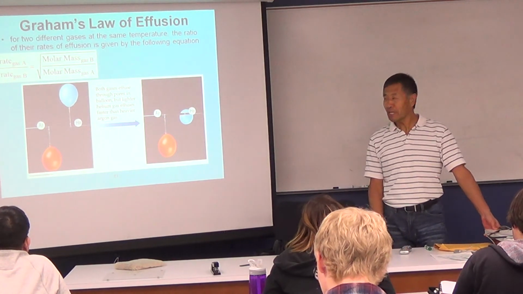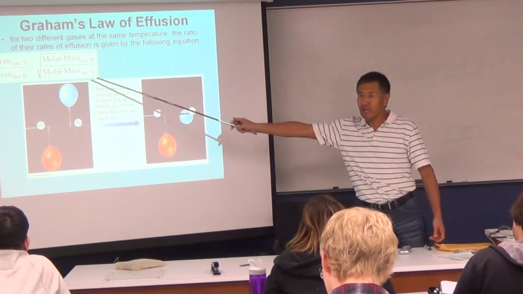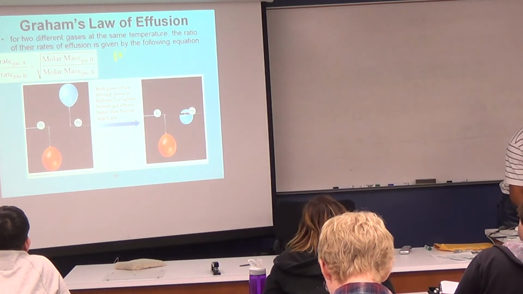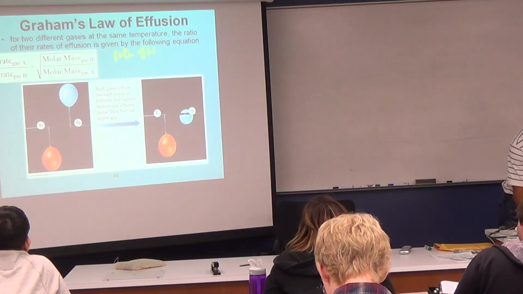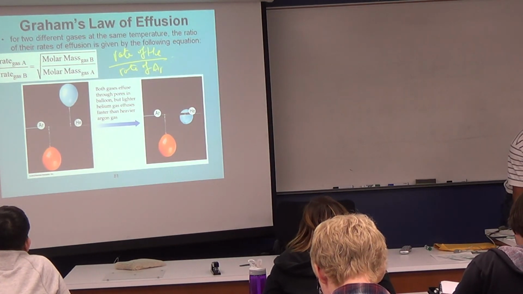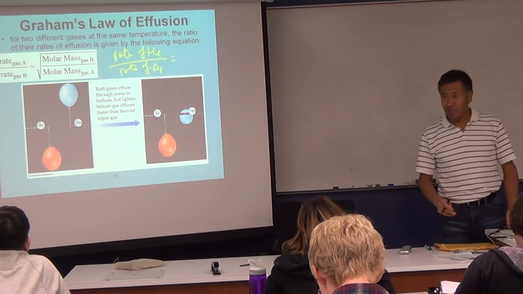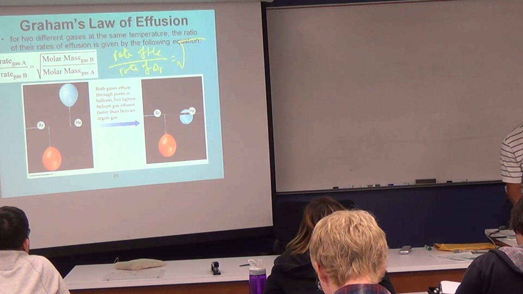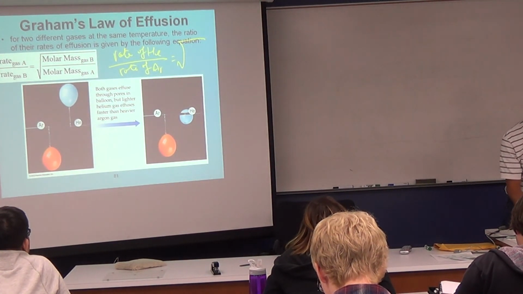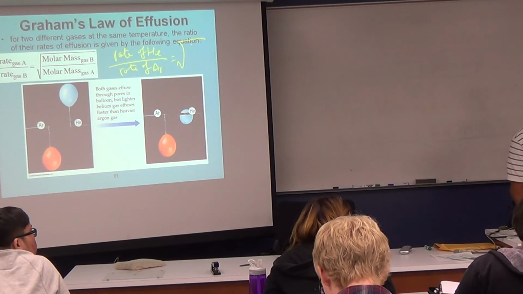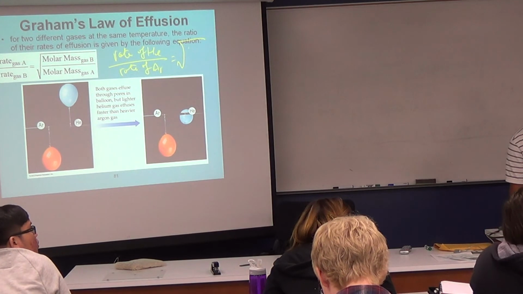That's helium, because why is helium? That equation tells you, if you put the rate of helium over the rate of argon, that means the effusion rate ratio will equal the square root of the molar mass of argon over the molar mass of helium. What is the molar mass of argon? About 40? 39?